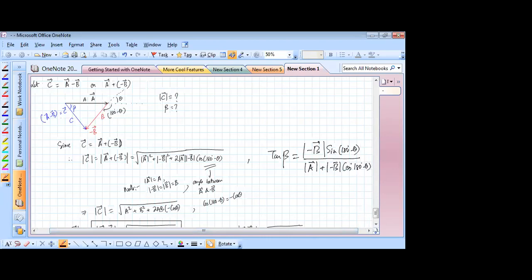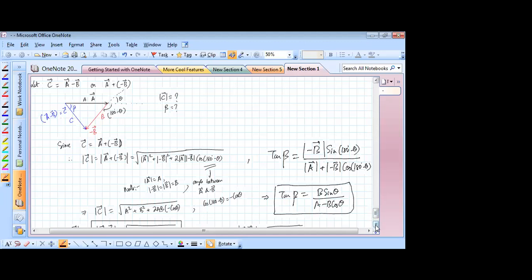Okay. Remember, sine of 180 minus theta is equal to sine theta only, because sine is positive in the second quadrant. So this becomes b sine theta, whereas cos of 180 minus theta we just saw is minus cos theta.